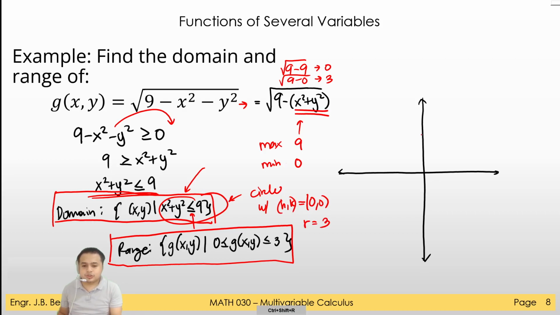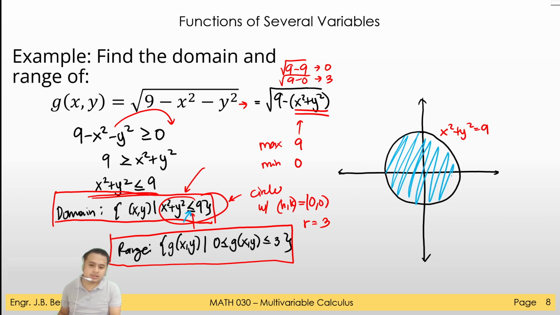So this will be a circle with radius 3, your x squared plus y squared equal to 9. Now, if we say that this is less than, this will be within this curve, also including the curve since this is less than or equal to. Okay, this is your domain.